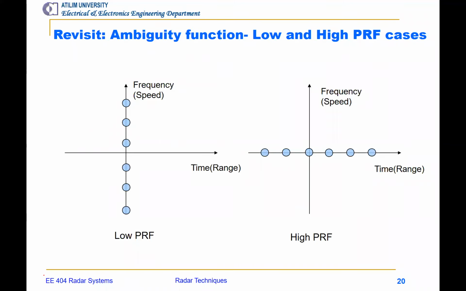Okay, let's go back to the ambiguity function again for a rectangular pulse for low and high PRF cases. For low PRF cases, you see this is the speed axis, this is the time range axis, and we have ambiguities on the speed axis. We do not have ambiguity on the time axis, so we can accurately measure the range, but we will have ambiguity in speed measurement.